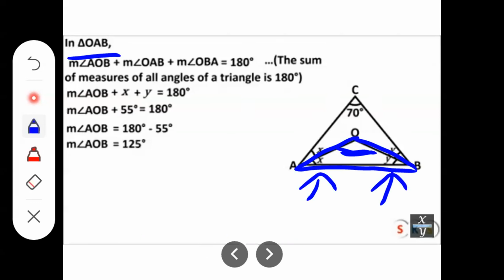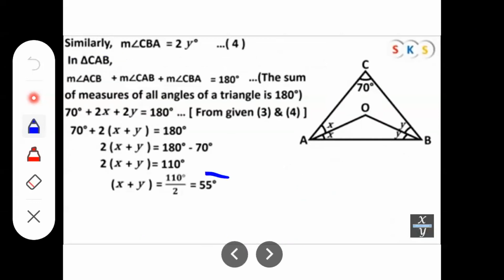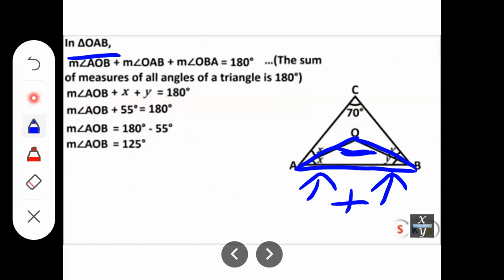And the value of x plus y together we know: x plus y is 55 degrees. So let's write for this triangle. For this triangle, the step again: the three angles of the triangle equal 180 degrees.